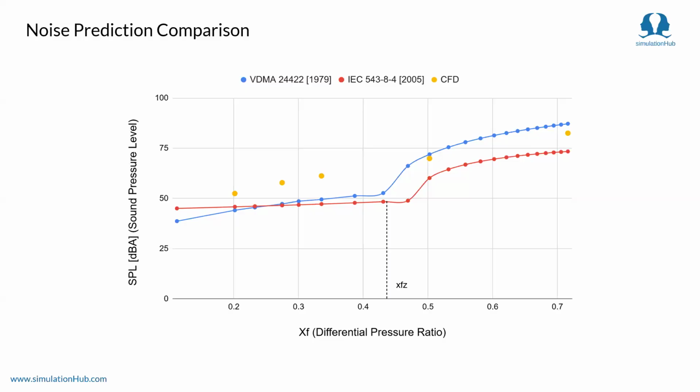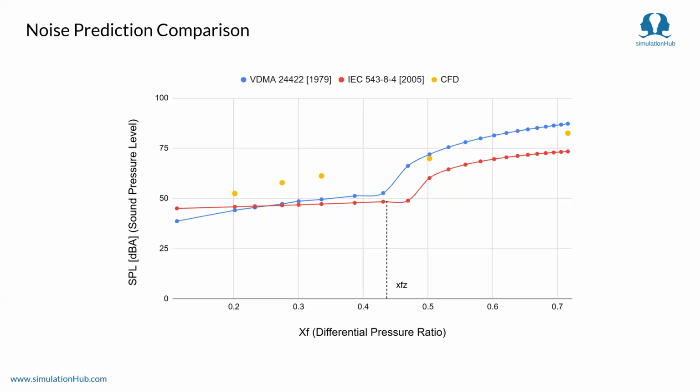So in this graph, what it depicts is after the XFZ, as I've shown in the plot, which is the incipient cavitation location, or the inception of cavitation begins, or the cavitation starts here. So after this, there is a drastic increase in the sound or the noise generated by the valve.